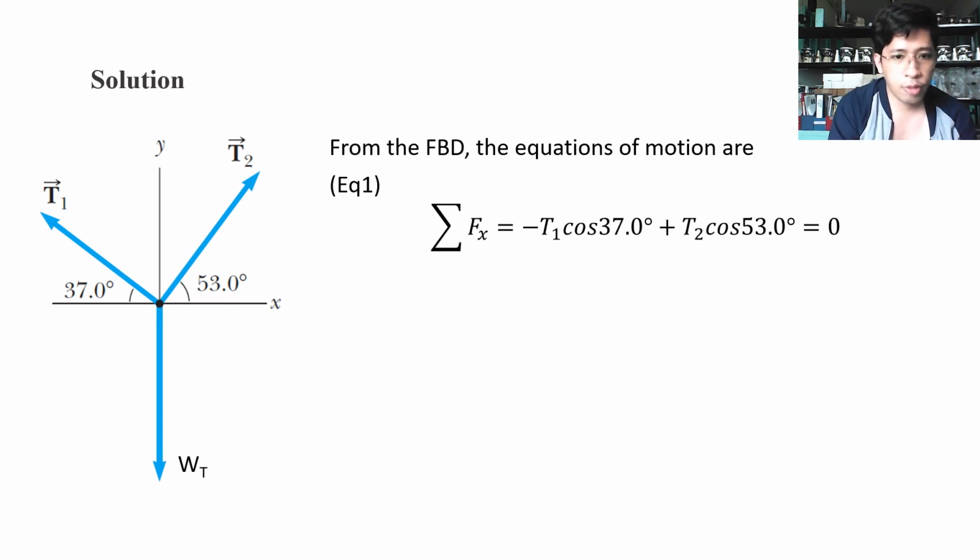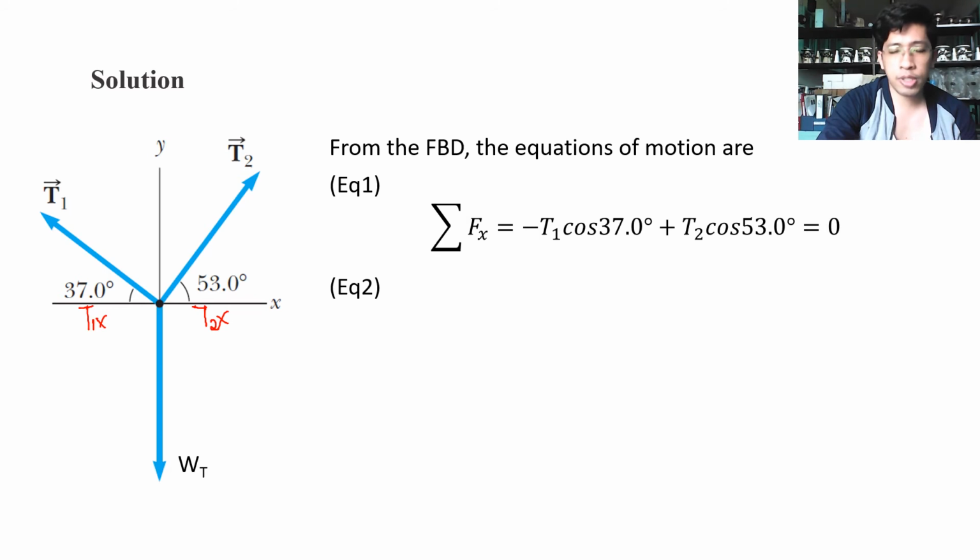Again, we just have two forces along the x. We have here your T1x, which is a negative force, and then your T2x, a positive force. So again, negative T1 cosine 37 degrees plus T2 cosine 53 degrees sums to 0, since our system is in equilibrium.